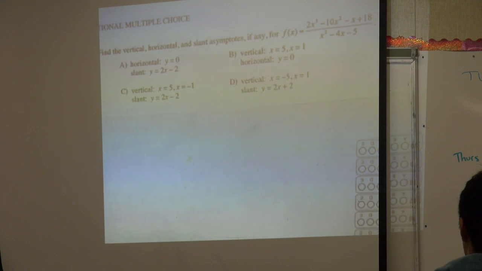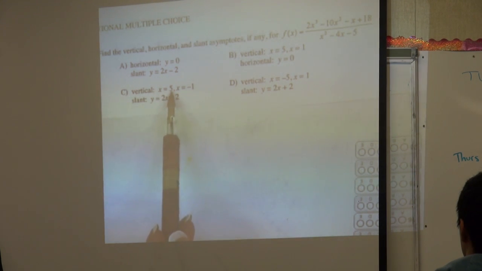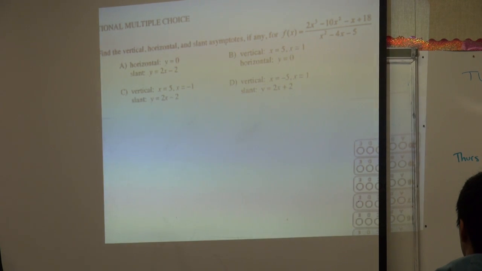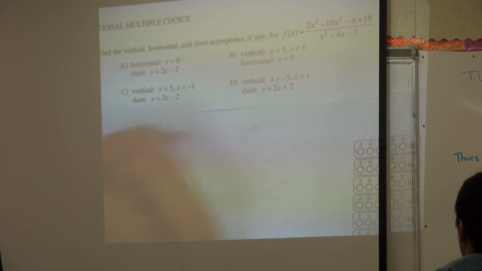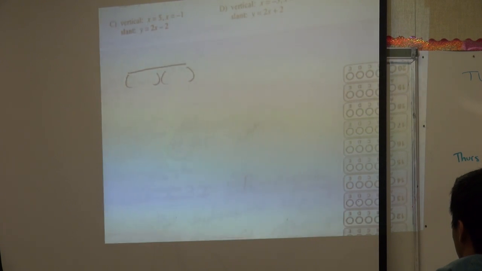You actually don't even need to find the slant asymptote, because if you look at the vertical asymptotes, one answer choice says they're 5 and -1, and the other one says they're -5 and +1. So long division isn't even required here.